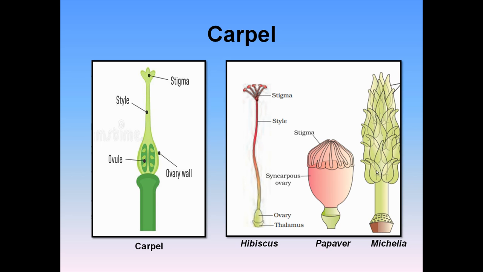When the pistil is present as a separate or free one, the situation is referred to as apocarpous, right? So now you have a clear-cut idea of what is meant by the apocarpous or syncarpous situation of gynoecium.